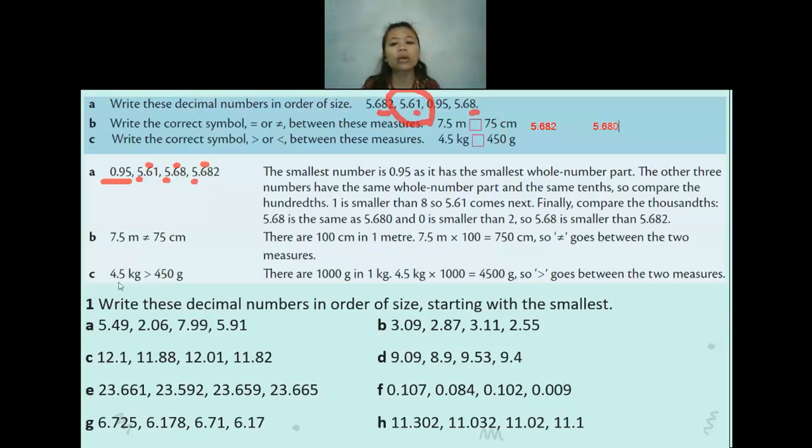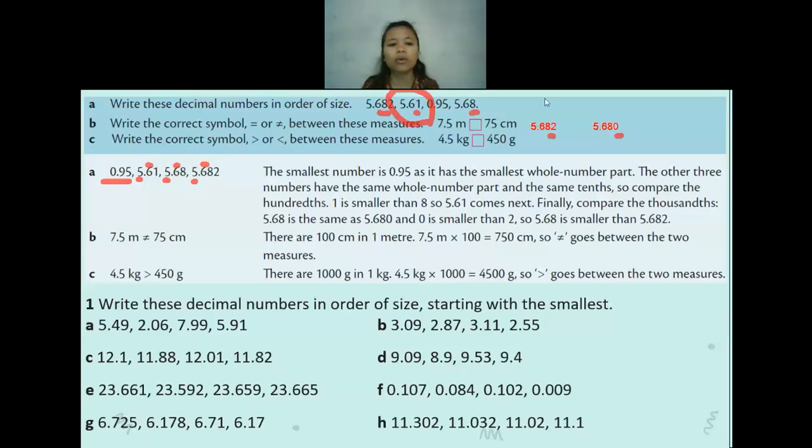So later we can compare the thousandths place. For 5.68, it will be 0. But for 5.682, it will be 2. That's why the order will be 0.95. After that, 5.61, and then 5.68. And then the last one will be 5.682.